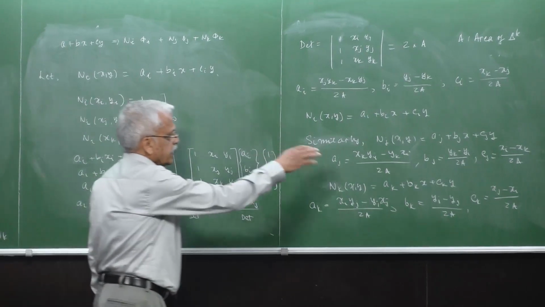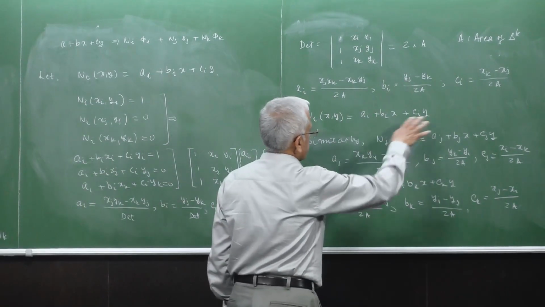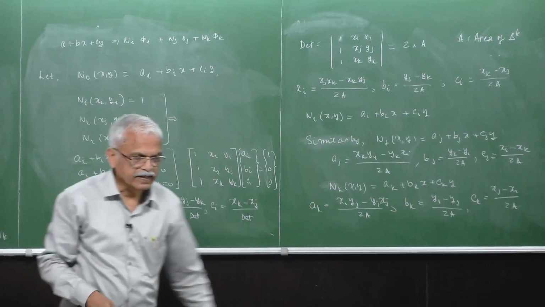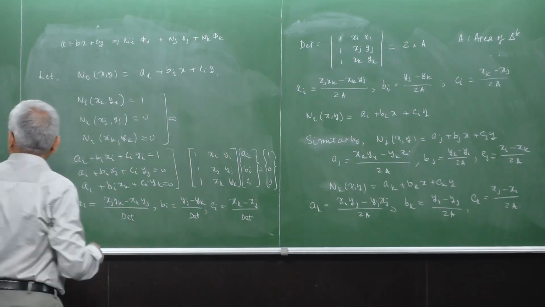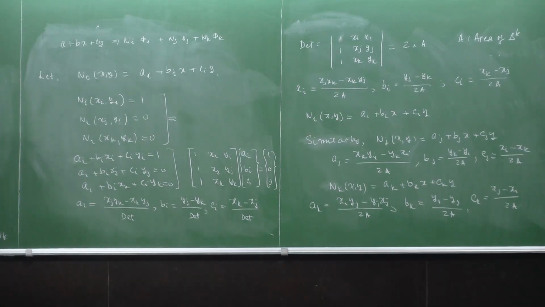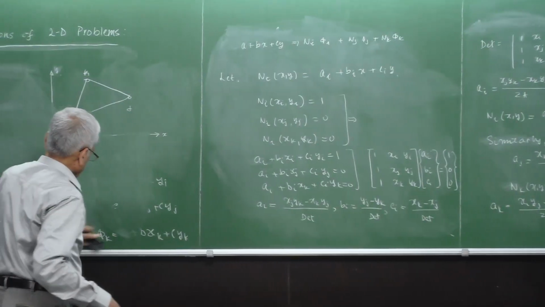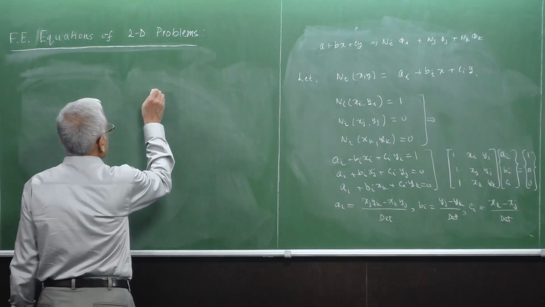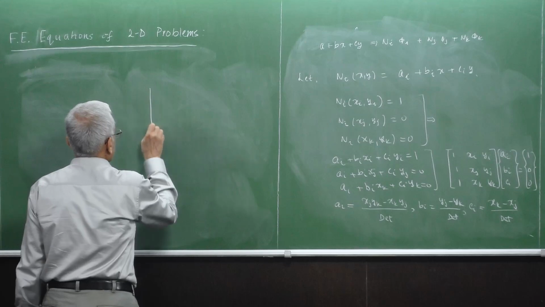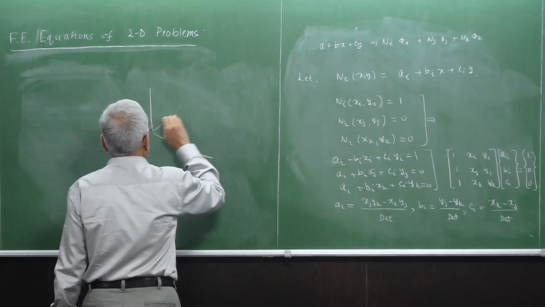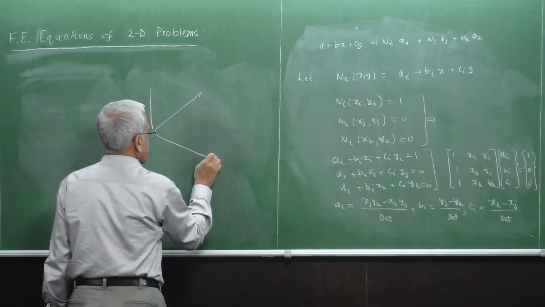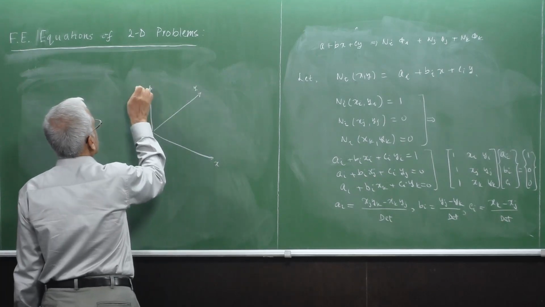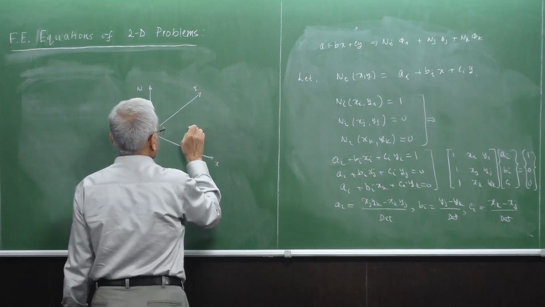Once the triangle coordinates are given, we can definitely evaluate all these ai, bi, ci. Interestingly, it's also important to know how the shape functions look. So this is very important, let's draw this.